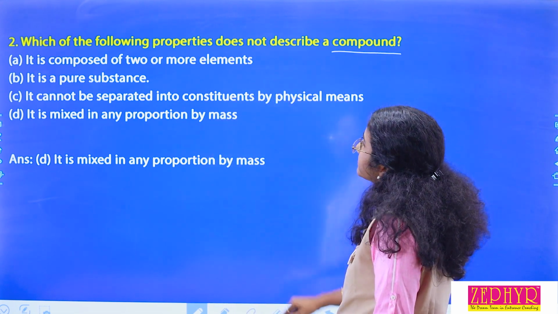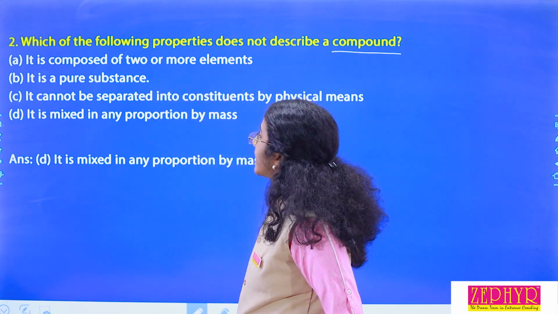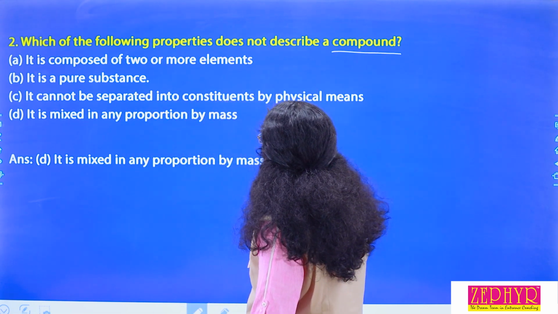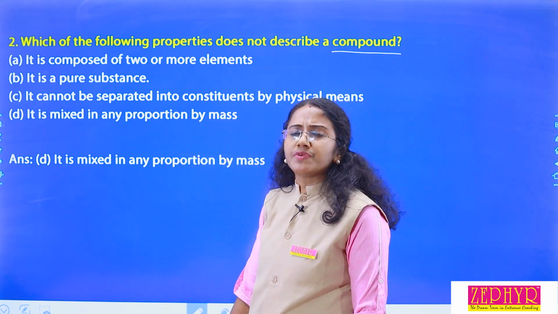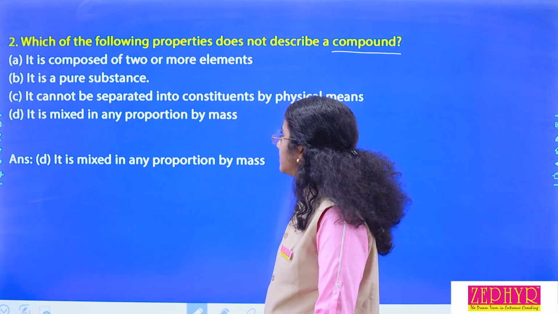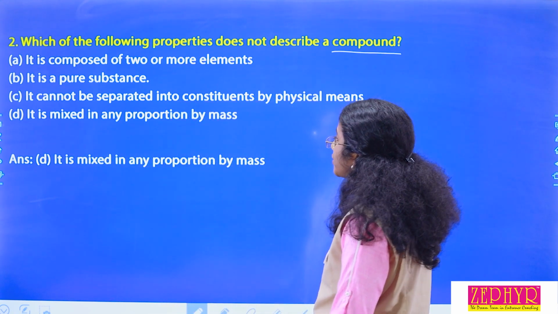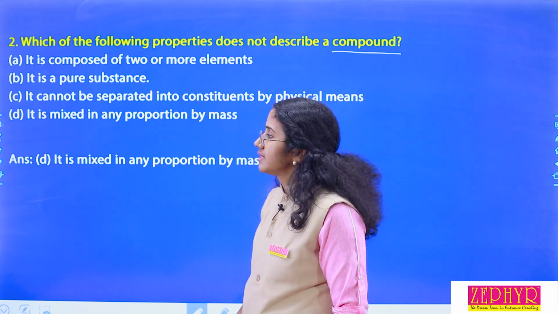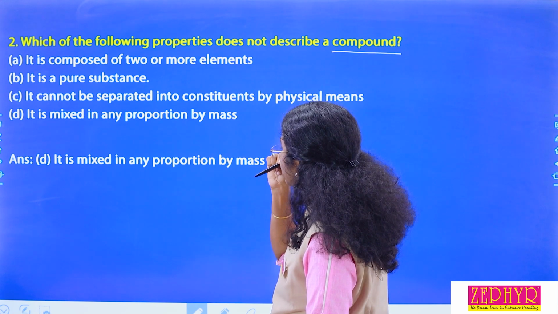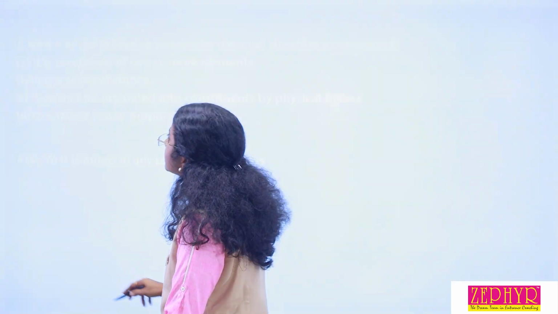That is right. Option B: it is a pure substance. A compound is a pure substance, that is also correct. Option C: it cannot be separated into constituents by physical means. That is also right, it cannot be separated by physical methods only; chemical methods are applicable. Option D: it is mixed in any proportion. No, it is combined in a fixed proportion by ratio. That is wrong, so option D is the right answer.